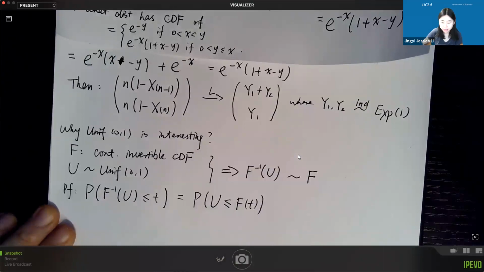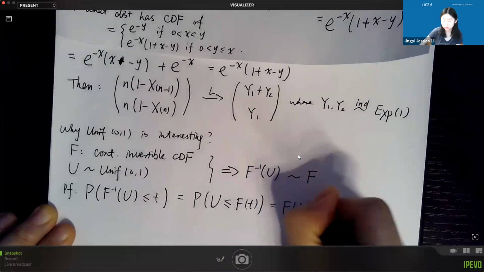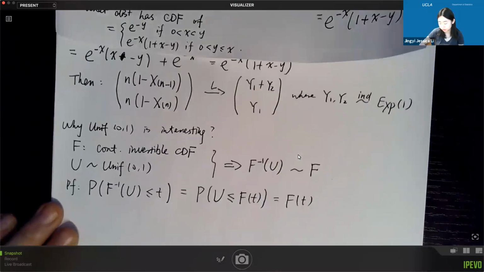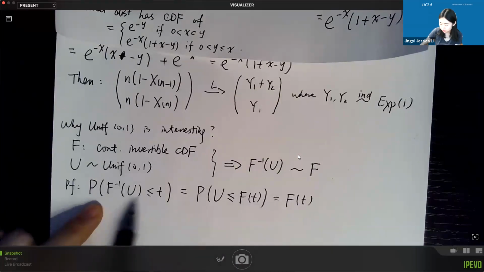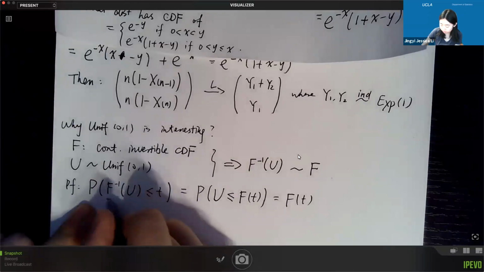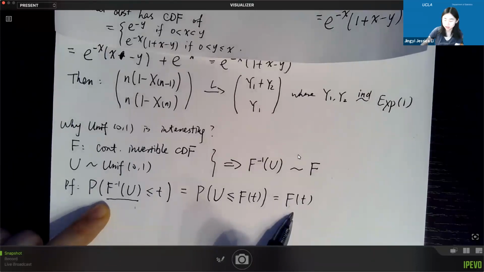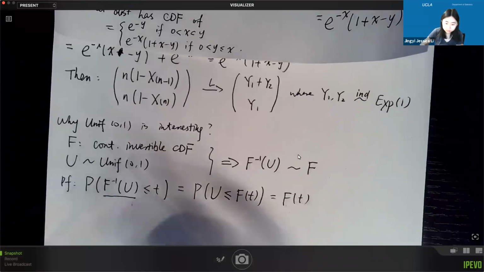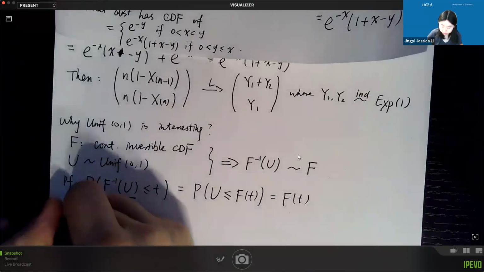Because U is uniform 0 to 1, this is equal to F(t), and that proves it. If this random variable's probability of being less or equal than t is equal to F(t), then immediately F is its CDF. So with this important result, we come to example 5.